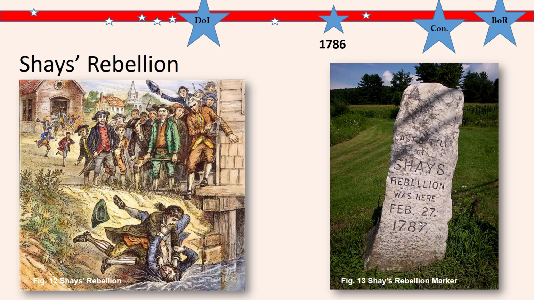Armies obviously cost money, and the Articles of Confederation didn't outline a way by which they could tax different colonies in order to make this important defensive army necessary.